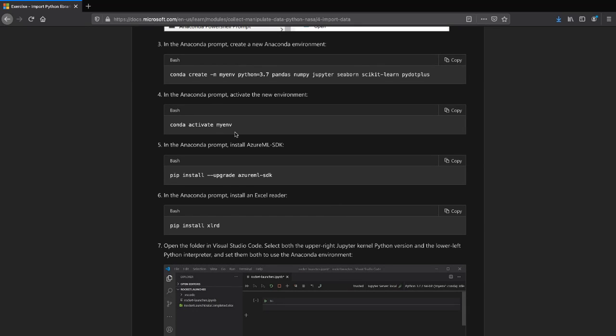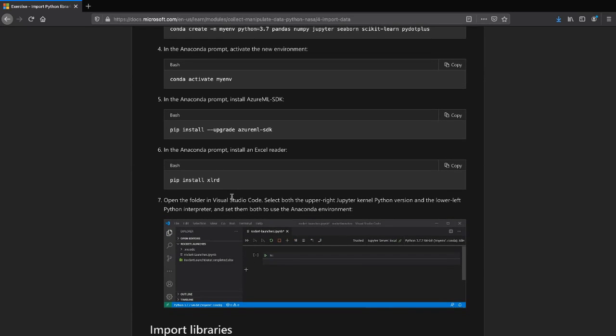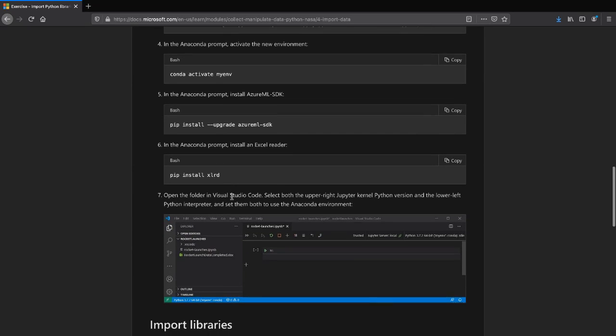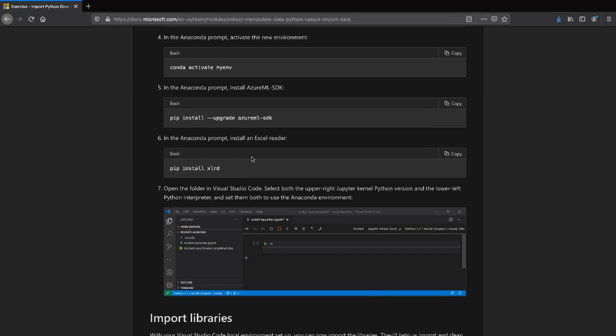And then to activate it, in essence, to go into that environment, you could say conda activate and whatever you called it. So in this case, if you called it myenv up here, then you would use that name down here. Once you're in that environment, for some of the later activities, you'll also want to install the Azure ML SDK. There are a bunch of machine learning libraries that are useful and other useful tools in the space.